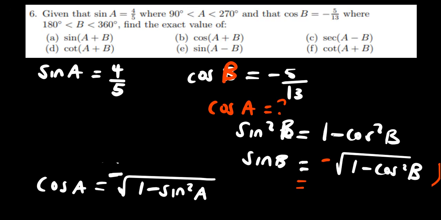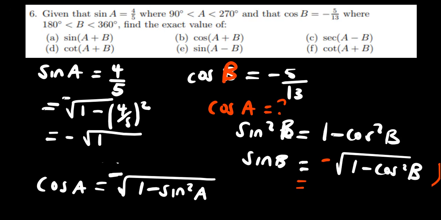Since cos A is that, how are we going to solve for cos A? This will be equal to negative the square root of 1 minus sine A squared. Sine A is 4 over 5, and this is squared, don't forget that. If we square 4, that is 16.